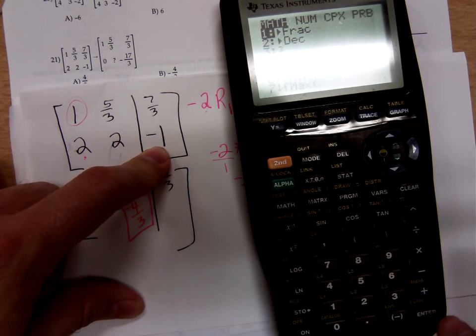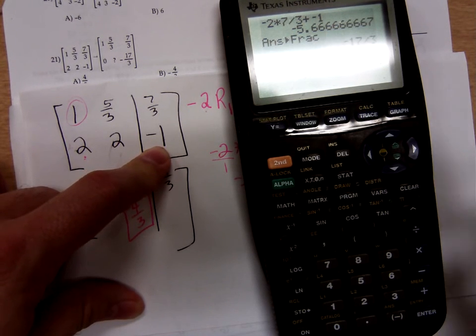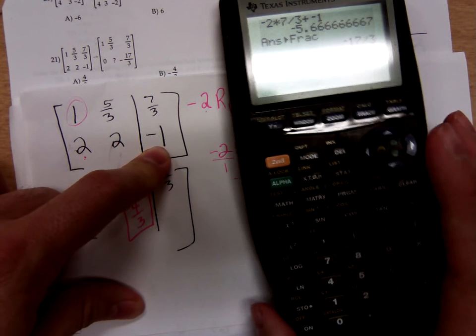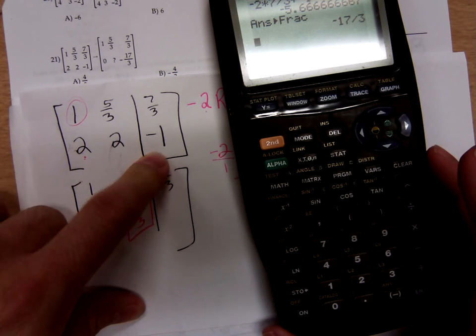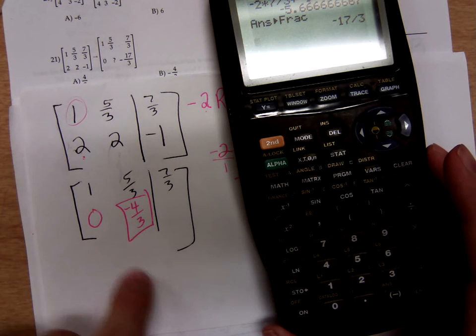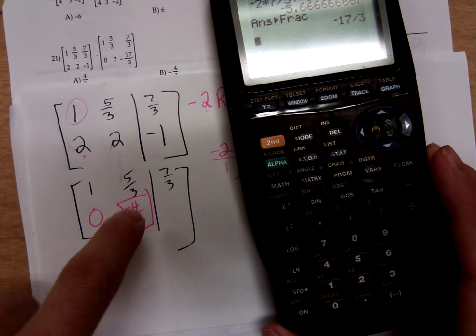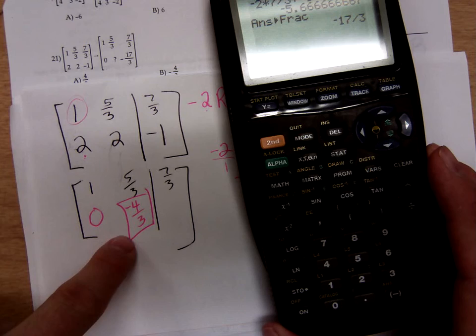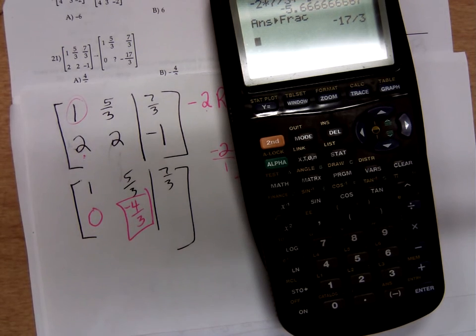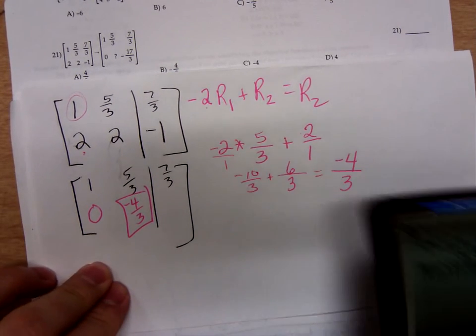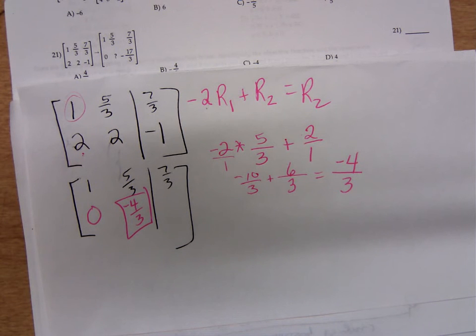Math, enter. Can y'all see that? Oh, the glare is sort of bad. Negative 17/3. So if you don't want to do this little calculation by hand, you can use your calculator if you want. But it's certainly not hard: multiplying fractions, getting a common denominator. Okay?